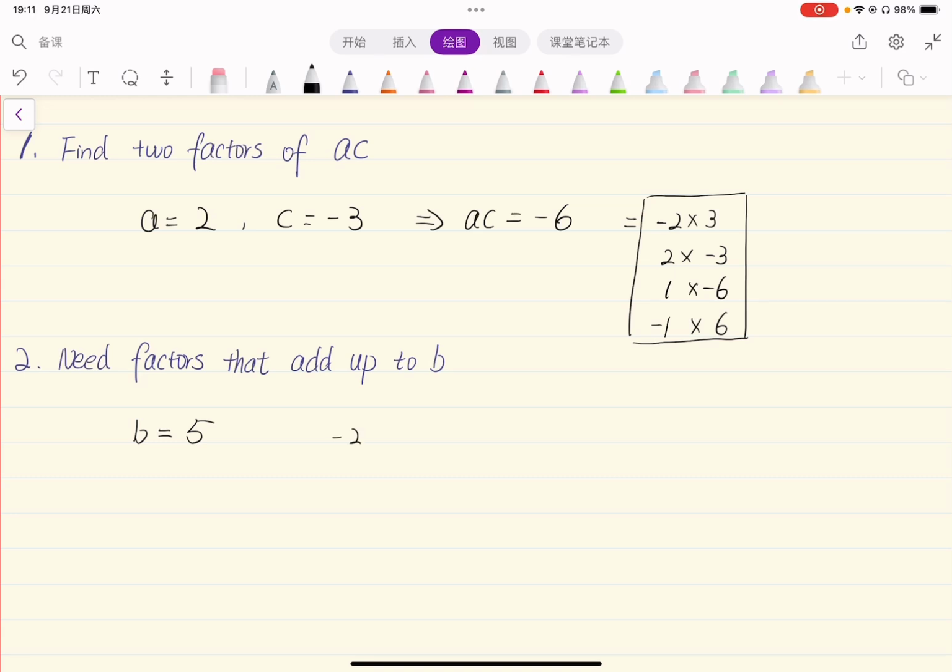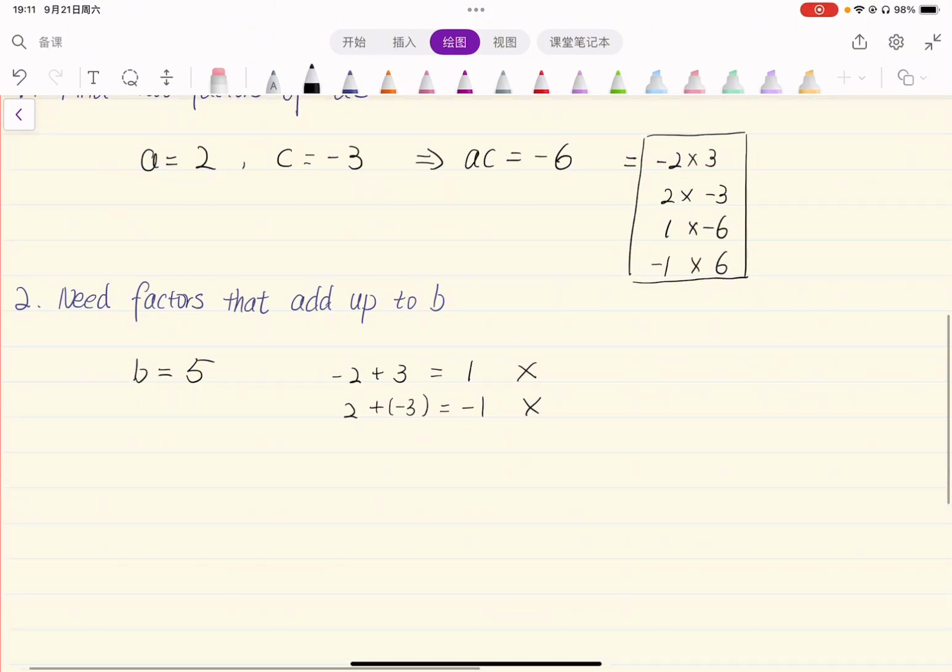Minus 2 plus 3 equals 1. It does not equal 5, so that is not what we want. And the second one is 2 plus minus 3. That is minus 1, which does not equal 5. And the third one, 1 plus minus 6 is minus 5. We don't want that. The final one, minus 1 plus 6, equals 5. That's what we want.